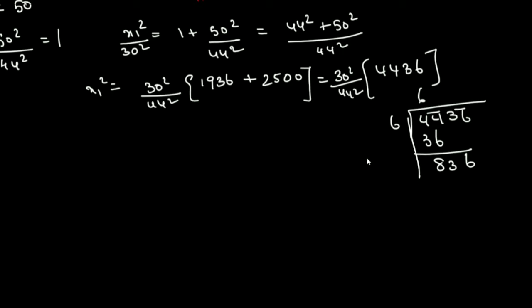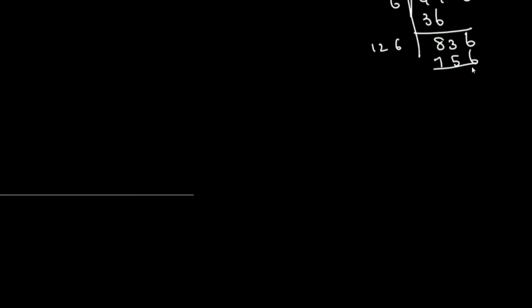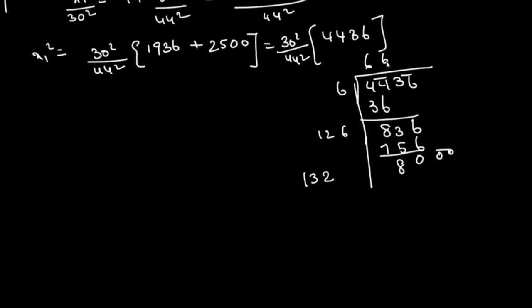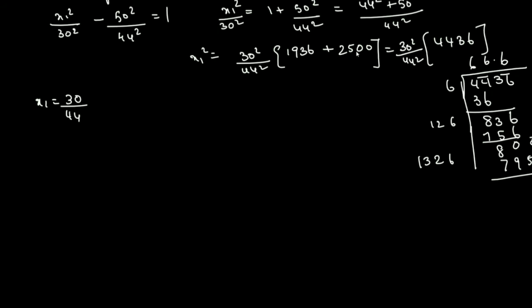So double this, 6 into 2, 12. Approximately 6 put here, so 756, then put 2 more zeros, so double this, and then again put the decimal point, 6, so approximately 7956. So approximately the root of 4436 is 66.6.